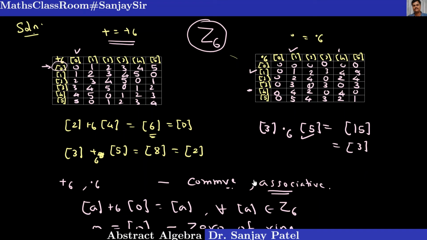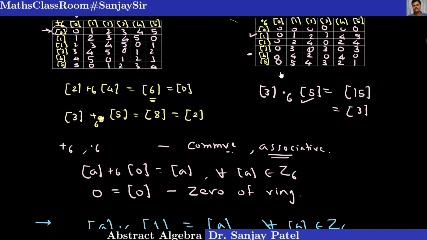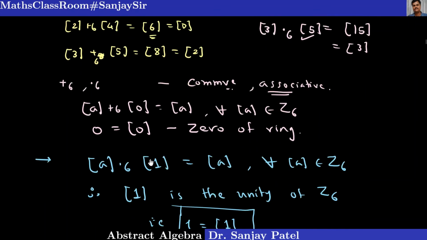Further, we have also observed that multiplication is a commutative operation here. Say class 2 into class 3 is equal to class 3 into class 2. So 2 into 3 is 0, and 3 into 2 also is 0. If you take any two elements, or you can say the reflection in the principal diagonal of this multiplication table is the same, so the operation of multiplication is commutative.